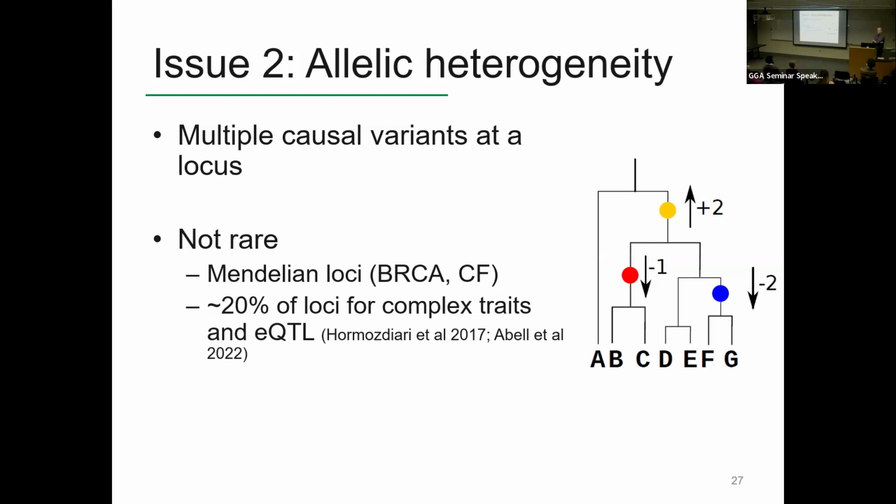A lot of them have allelic heterogeneity going on, and attempts to estimate this for complex traits or eQTL show that it's not rare. It's something like 15 to 30% with the current estimates. You have to take that with a grain of salt because GWAS is not good at detecting these loci in the first place, so this is, if anything, a slight underestimate.